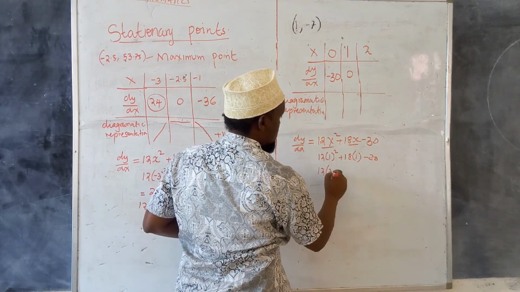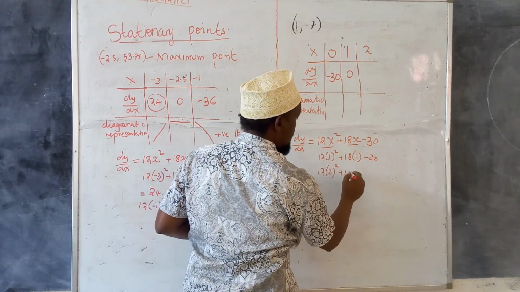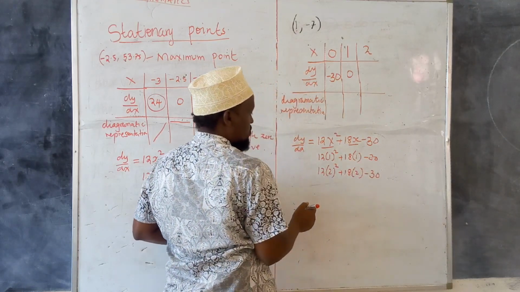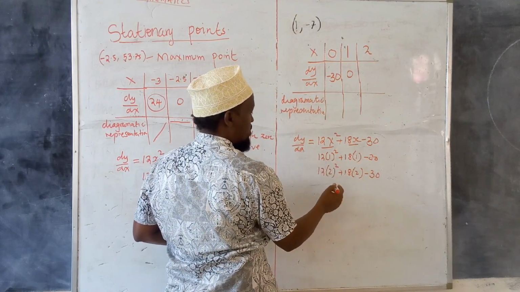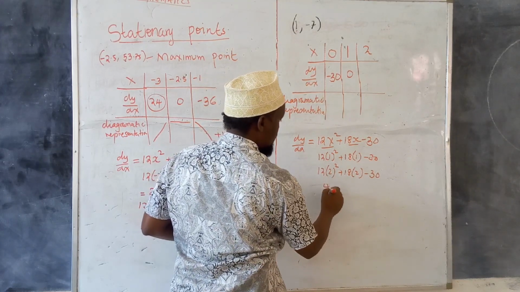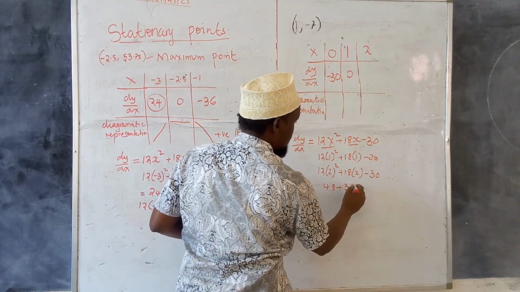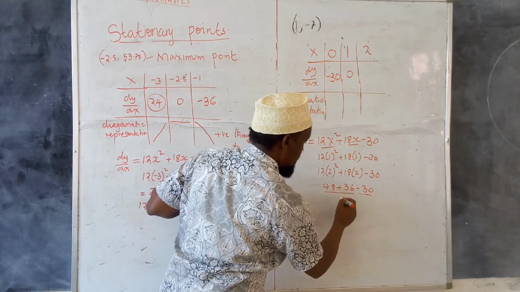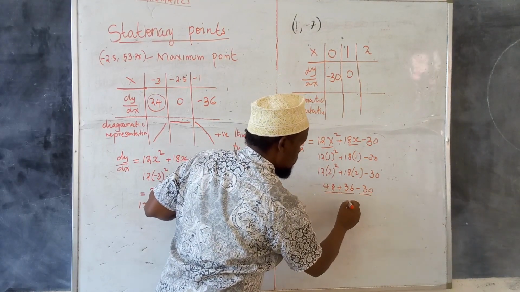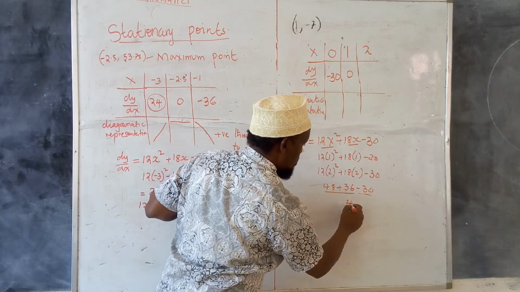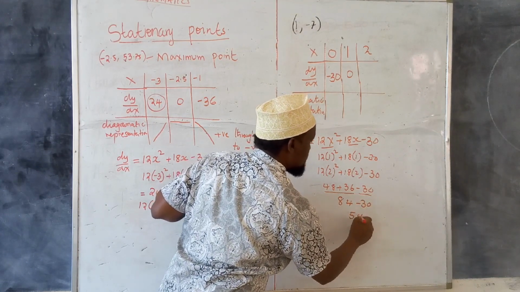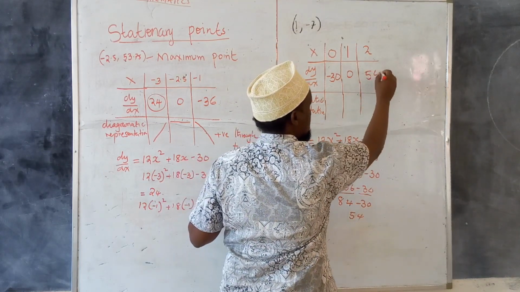What about when the value of x is 2? So 3(2)² + 18(2) - 30. Here we have 2 squared, that is 4, times 3 is 12, 12 plus 36, minus 30, which will be 18.